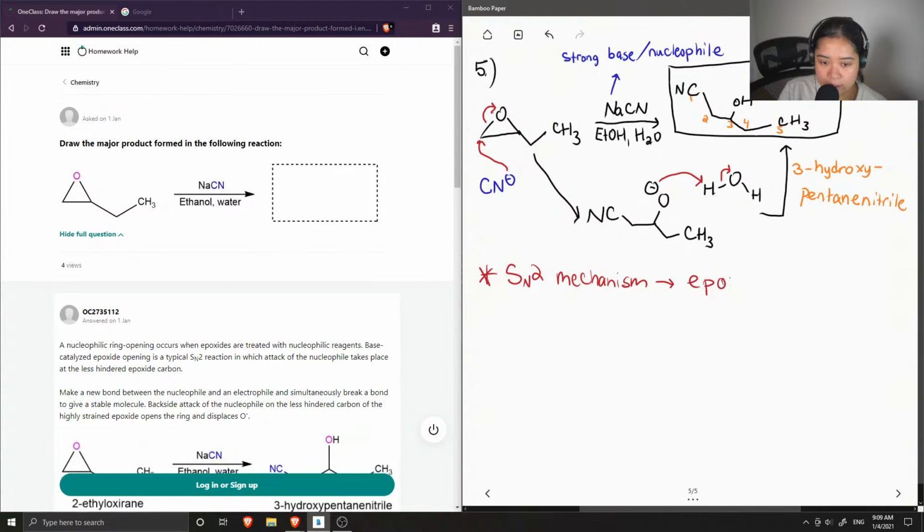So the epoxide ring opened up, and the cyanide ion then attacks the less hindered carbon.